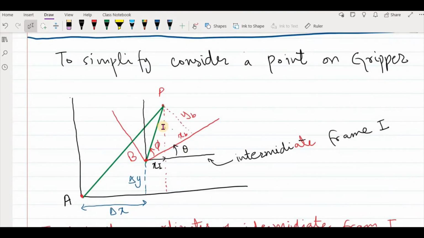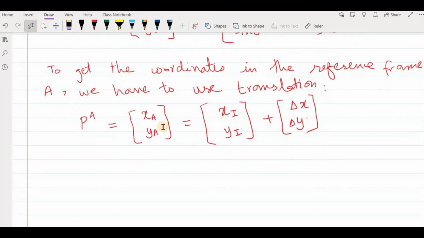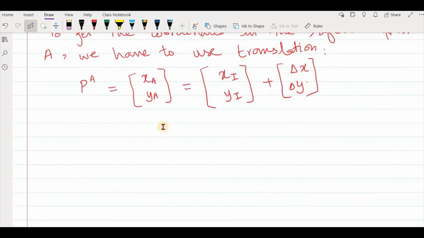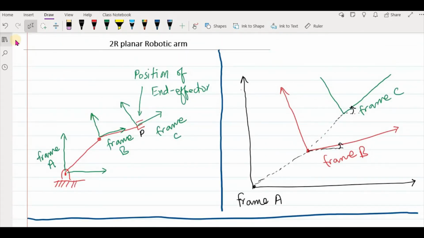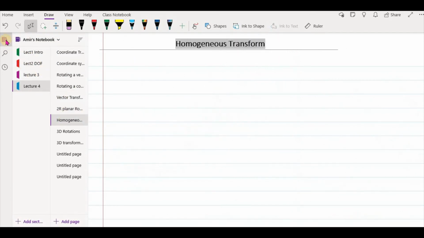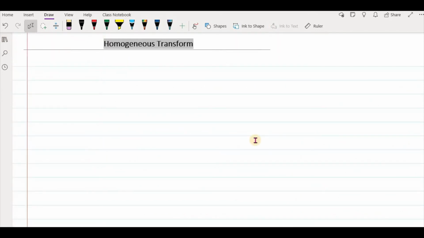This is called transformation because it involves translation and rotation. Transformation is equal to rotation plus translation, so here we are doing both. If this is clear, let's move forward and see what homogeneous transforms are.